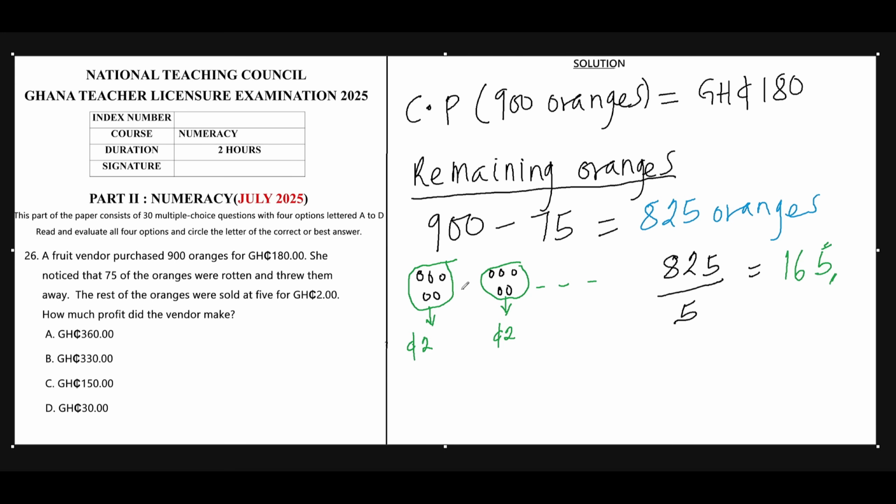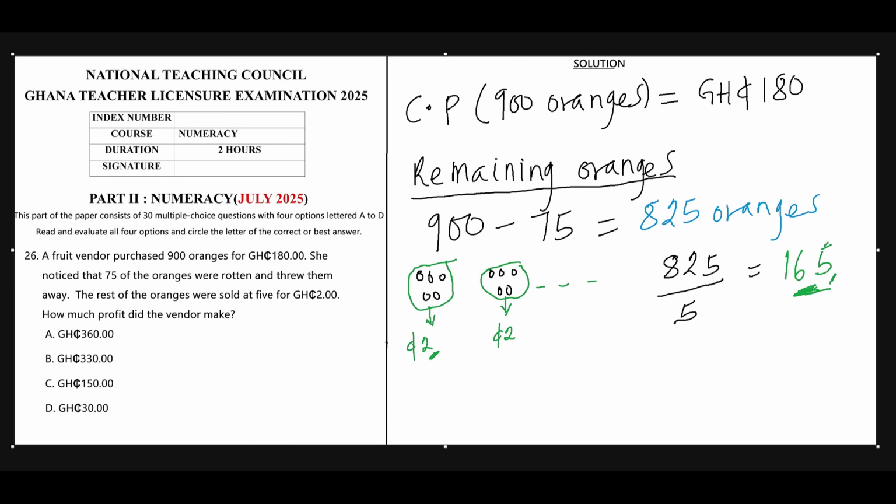So there are 165 groups of 5 in 825. And we know that each group of 5 was sold at a cost of 2 Ghana cedis. So what then will be the selling price of the 825 oranges? It will be 2 Ghana cedis multiplied by 165, since there are 165 groups of 5 in 825.